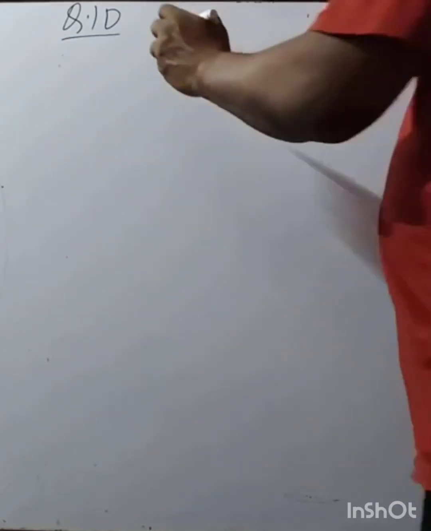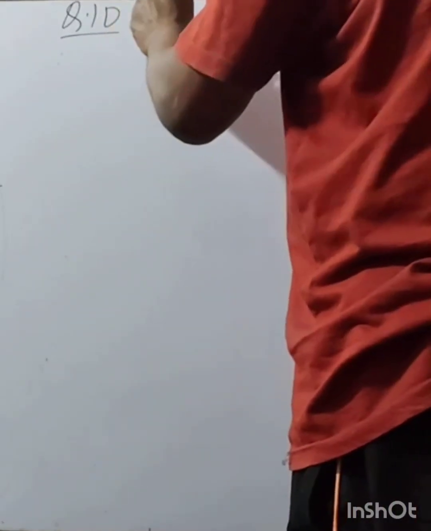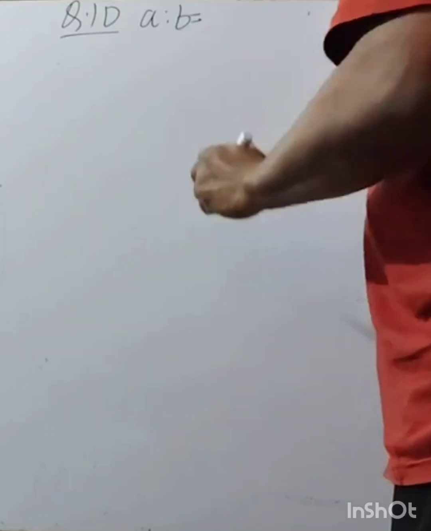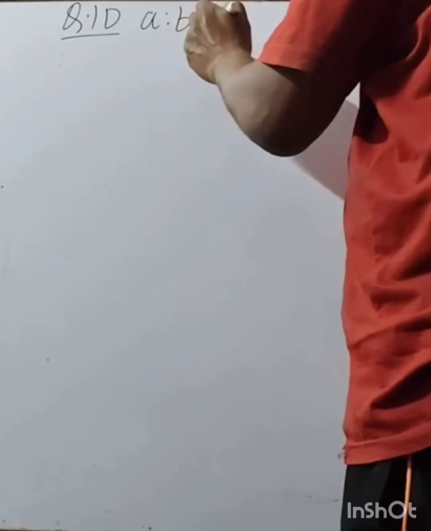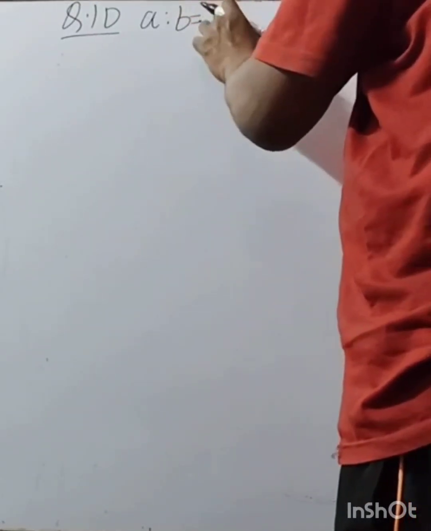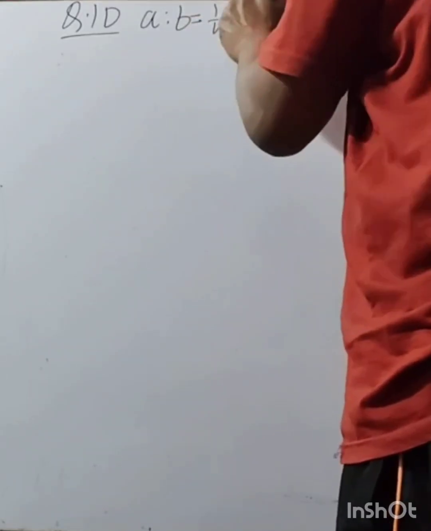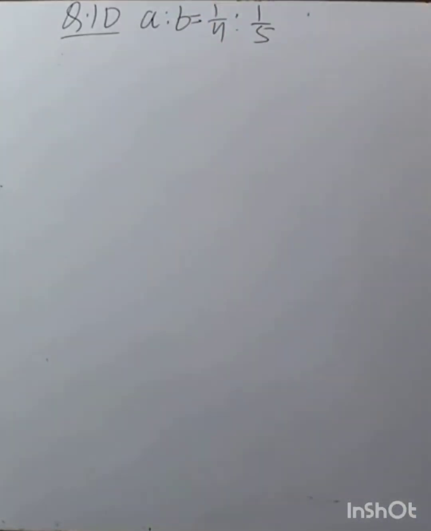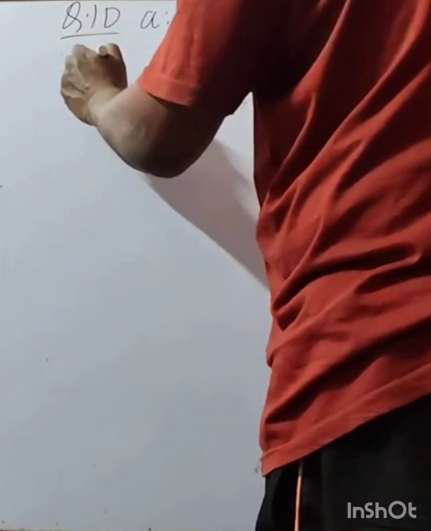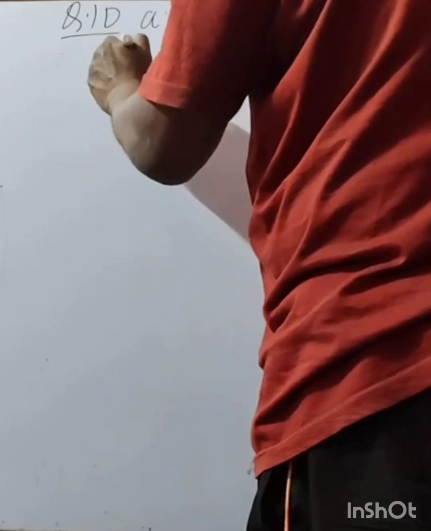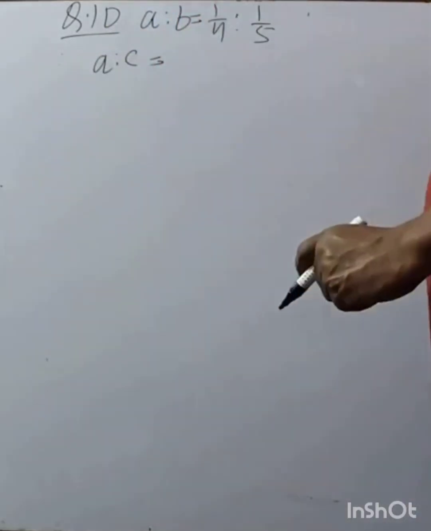Question number 10. A ratio B is equal to 1 upon 4 ratio 1 upon 5.